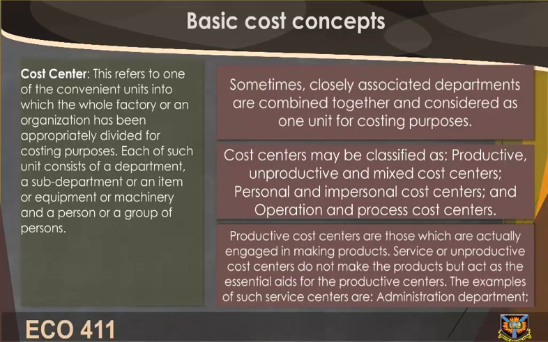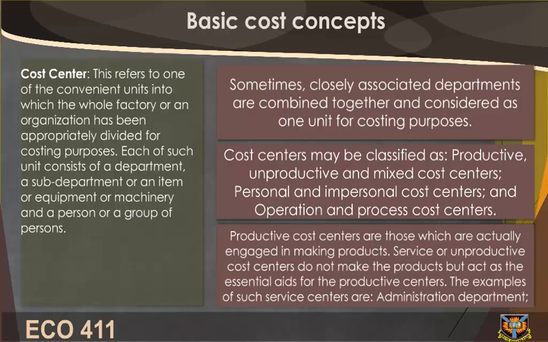Cost center. This refers to one of the convenient units into which the whole factory or an organization has been appropriately divided for costing purposes. Each such unit consists of a department, a sub-department, or an item of equipment or machinery, and a person or a group of persons.